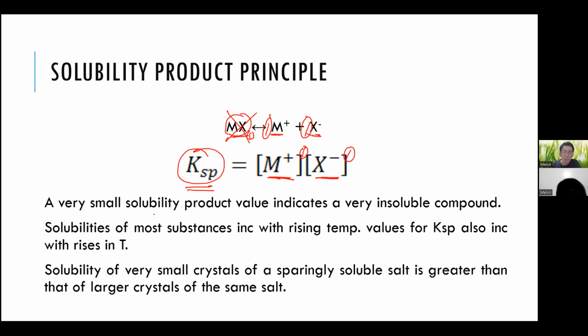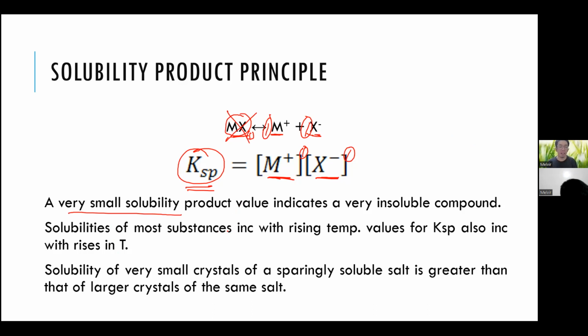A very small solubility product value indicates a very insoluble compound, which is correct. So the smaller the value, physically, in the lab, we'll see that the salt does not really dissolve in water. But something still dissolves, because its Ksp is just small.